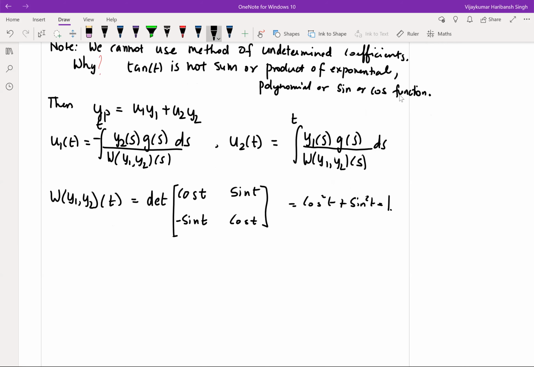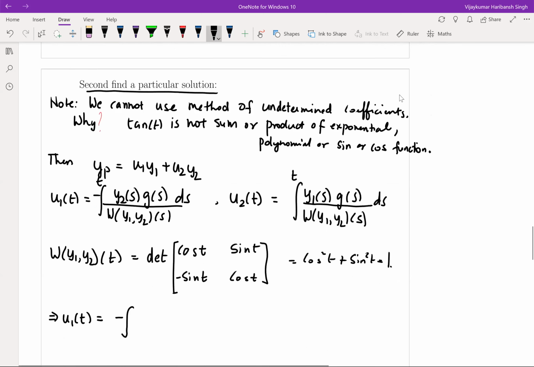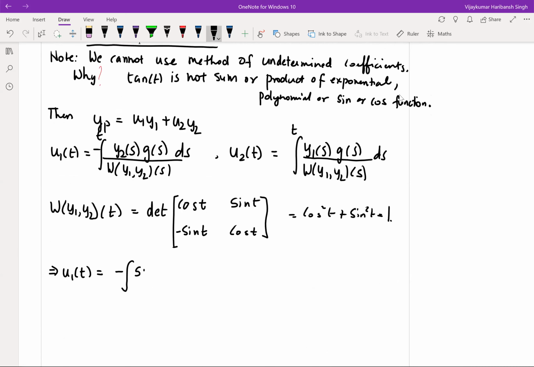So what do we get? This implies u1 of t is minus the integral of y2, which is sine s. What is g of s? g of t is tan t, so g of s is tan s, divided by the Wronskian, which is 1, ds, and then after the integral you substitute t.